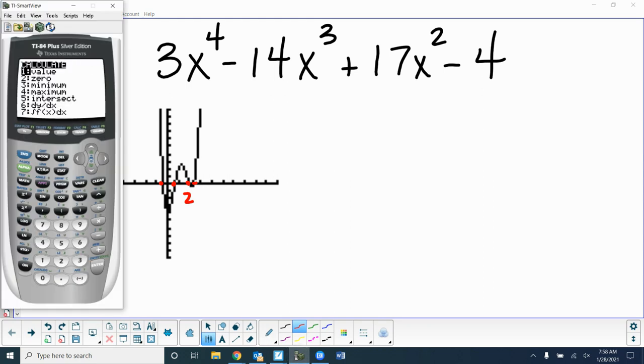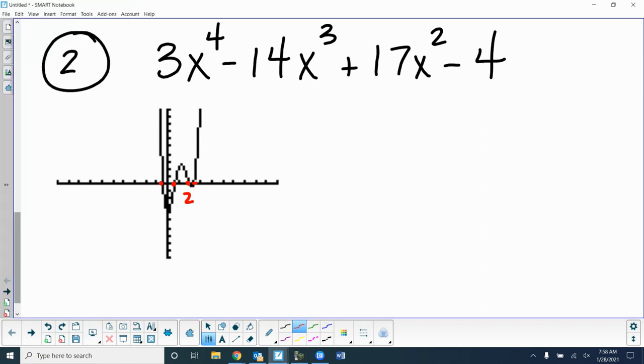Second trace 0, and left of it, I just gotta hit left a couple times. Make sure I'm above it. That's left. Right of it, make sure I'm below it, and then yes. So negative 0.414. I think that's negative the square root of 2, I think. Maybe not. Maybe it's negative 1. Maybe it's 1 minus the square root of 2.